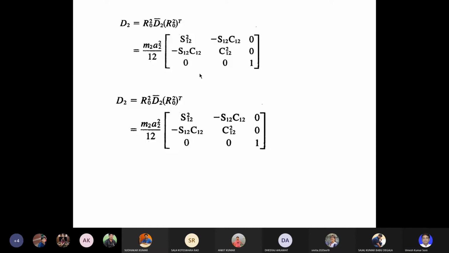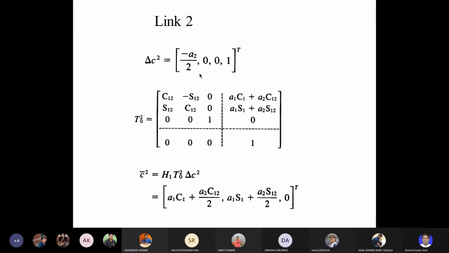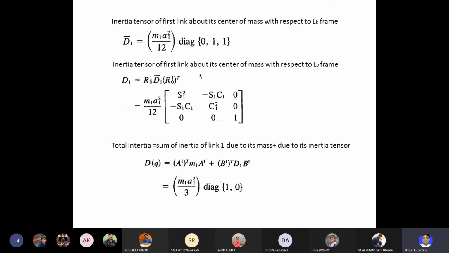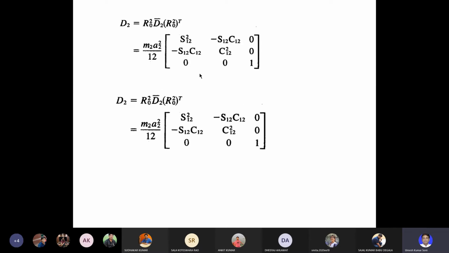So for calculation of D2 bar, what is the equation? Here for D1 bar you have taken m1 a1 square by 12 and diagonal of 0 1 1. In the same manner, when you calculate D2 bar, you will take m2 a2 square by 12 and diagonal of 0 1 1.